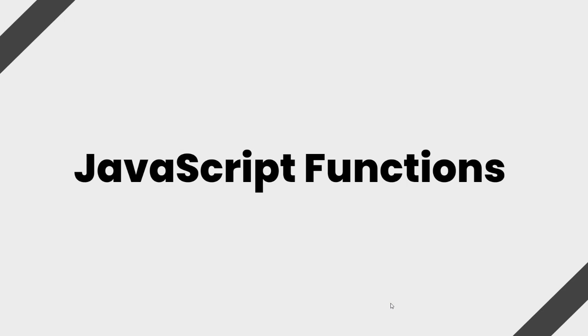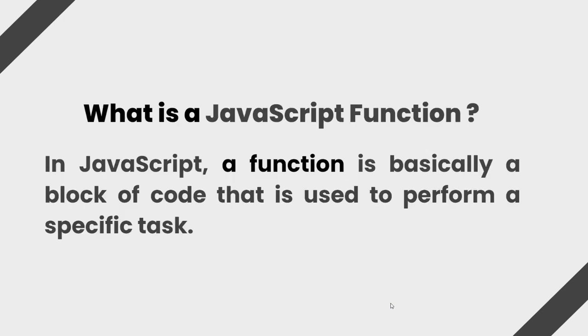JavaScript functions. So what is a JavaScript function? Very briefly, in JavaScript, a function is basically a block of code that is used to perform a specific task. If you look at this definition, you would see that there's nothing really special about it. It's almost similar to someone asking you what a program basically is. There's nothing special here.